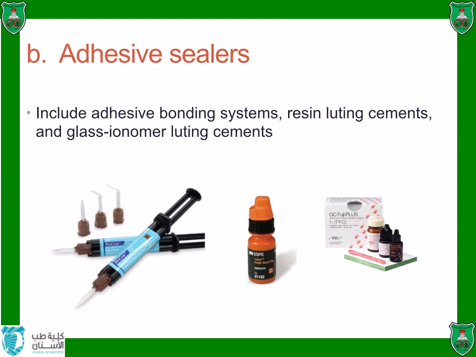For example, with glass ionomer, we spoke about the chemical adhesion to the tooth structure, and adhesive bonding systems and resin luting cements adhere by micromechanical retention, and we will explain them later on. So the difference is that varnishes and Gluma and G5 desensitizers are not adhesively bonded to the structure. However, the adhesive sealers bond adhesively, either by micromechanical interaction or chemical bonds.